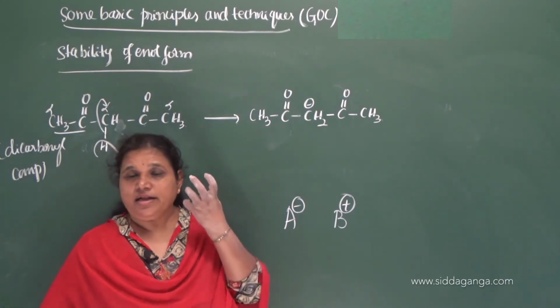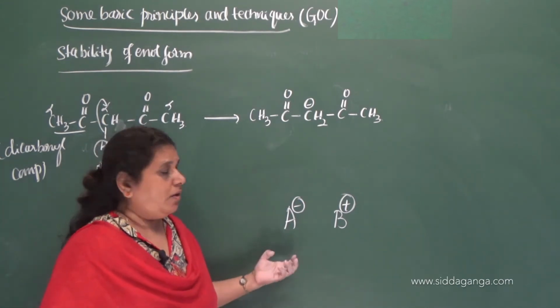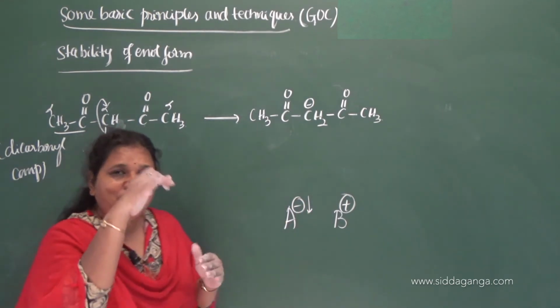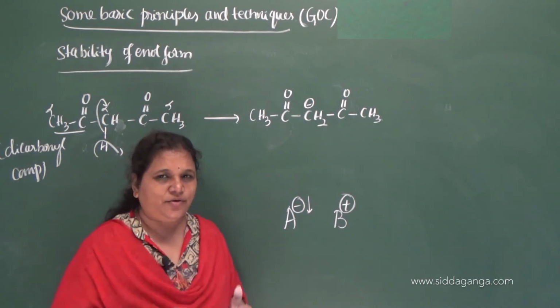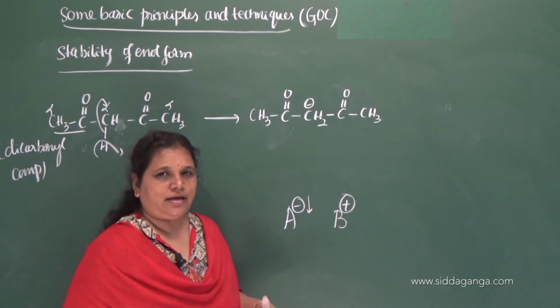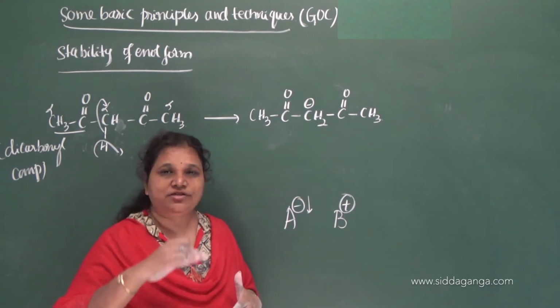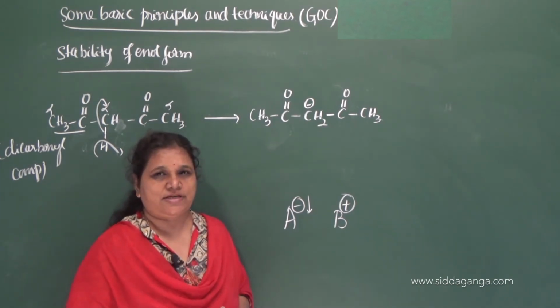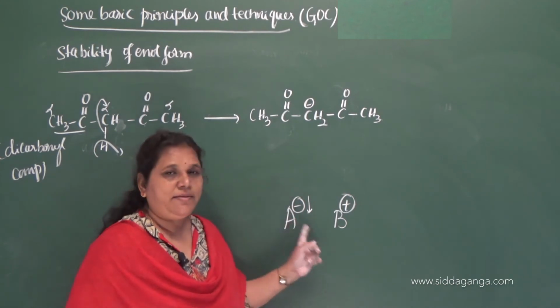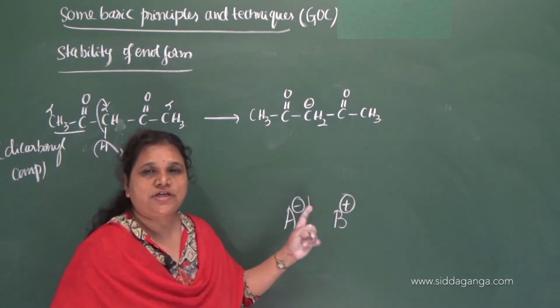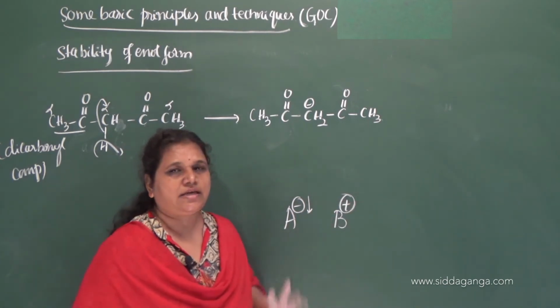Okay, the negative charge becomes stable when the diminishing of the negative charge takes place. If the negative charge keeps decreasing, then this becomes stable. When the cation stabilizes, the diminishing of the positive charge takes place. Clear? So if the negative charge diminishes, this becomes stable, and diminishing of the positive charge indicates the stability of this cation.